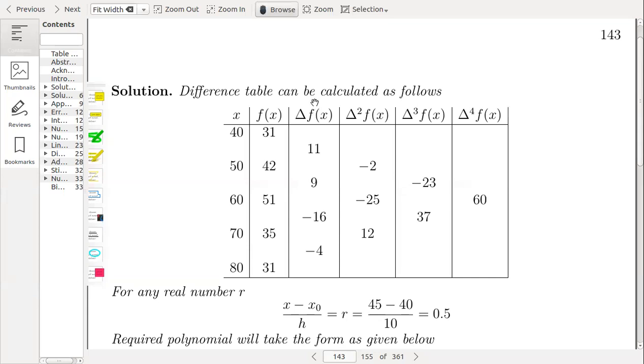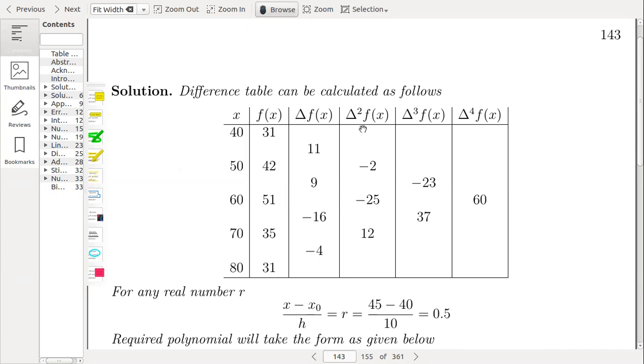And here again the first forward difference can be calculated as 31 minus 35 is minus 4, 35 minus 51 is minus 16, 51 minus 42 is 9, and 42 minus 31 is 11.